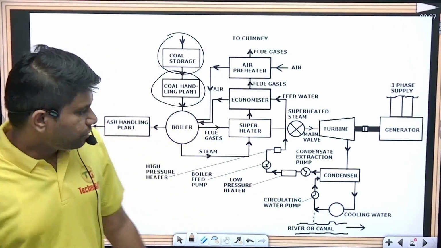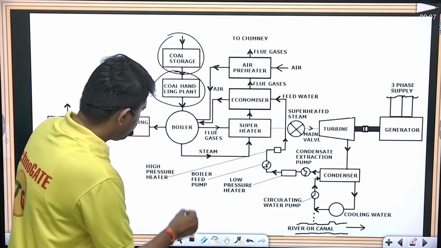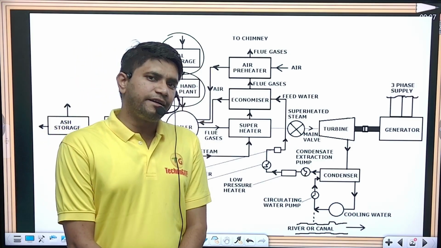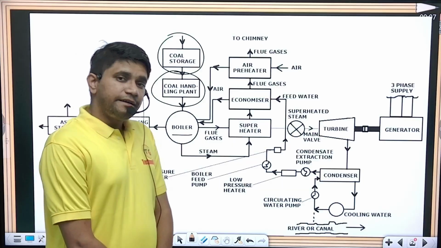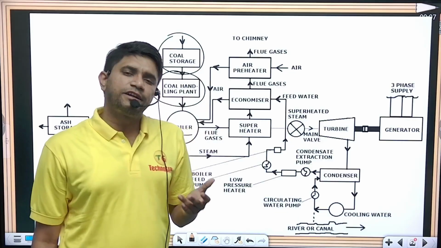Next, when the coal is burnt, the heat is provided to the boiler itself. When the coal is burnt, there will definitely be some dust material because of the burning of coal.